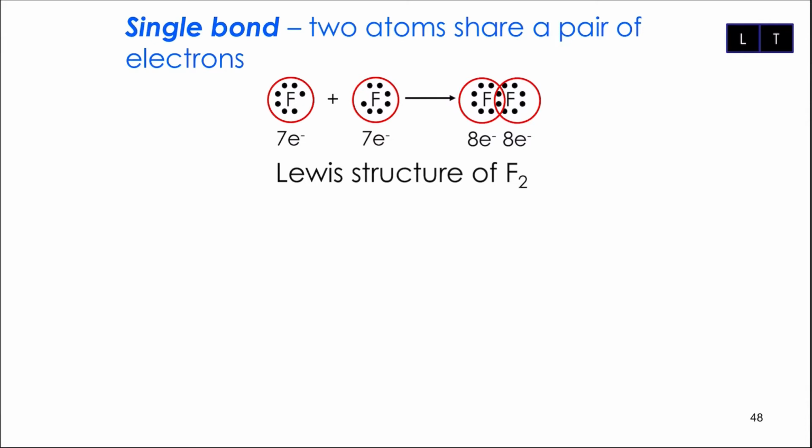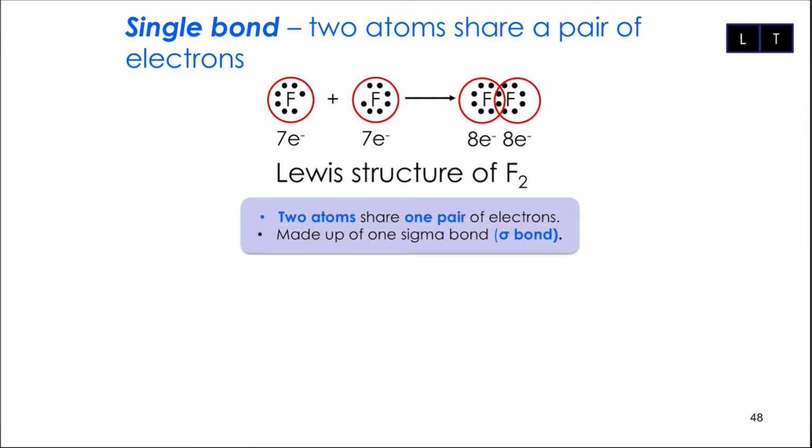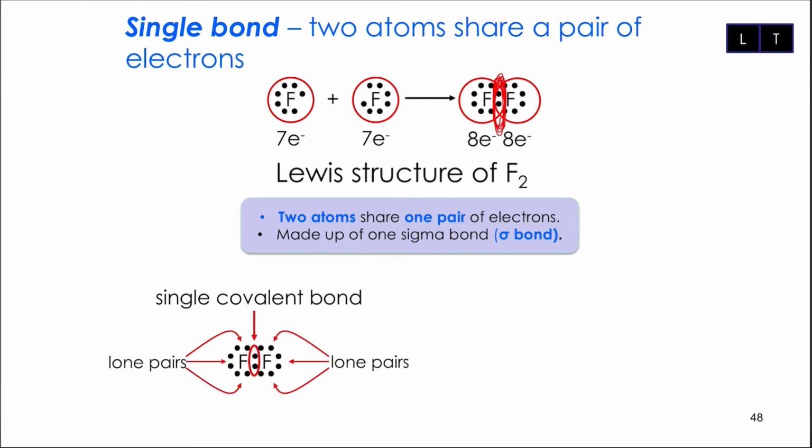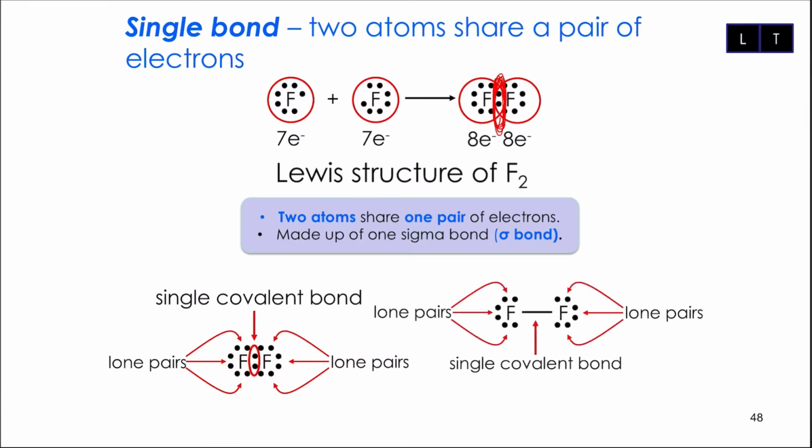Now you can see that two atoms share one pair of electrons. Dan dia menghasilkan one sigma bond. So dekat mana tu sigma bond? Di sini, di tengah-tengah sini. So kalau saya illustrate another diagram, you can see that this is the single covalent bond. Satu sahaja covalent bond, ataupun kita boleh draw another picture for the same atoms sharing as this one.